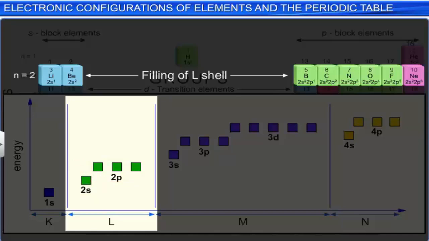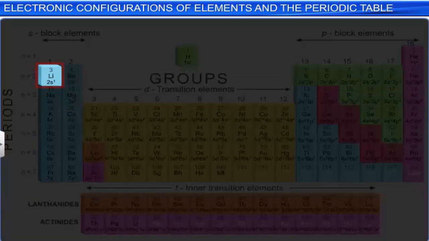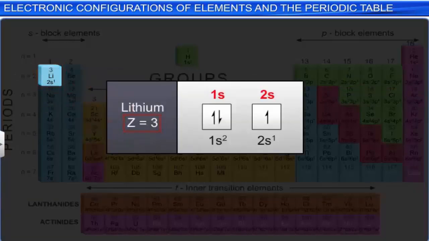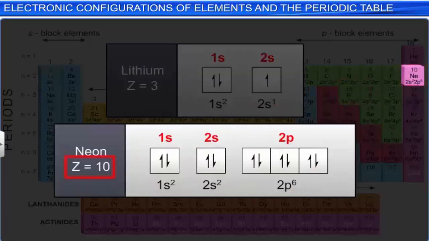The second period starts with lithium with atomic number 3 and electronic configuration 1s2 2s1, ends with neon with atomic number 10. Neon has completely filled p shell and electronic configuration of 1s2 2s2 2p6.